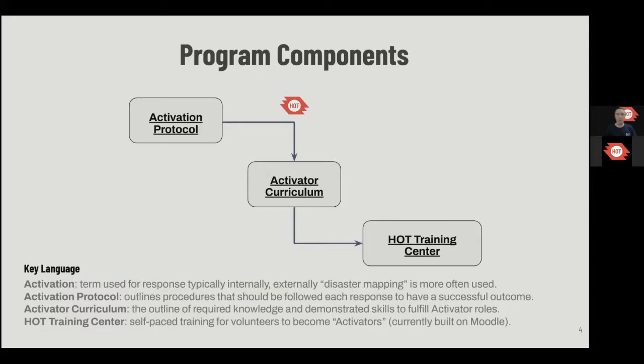The activator curriculum: we typically refer to the folks that are trained to do this as activators. The curriculum is like the checklist of what information we need these people to know in order to be successful in going through the activation protocol.